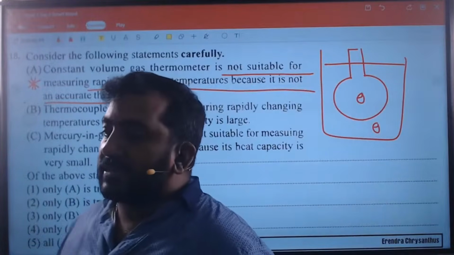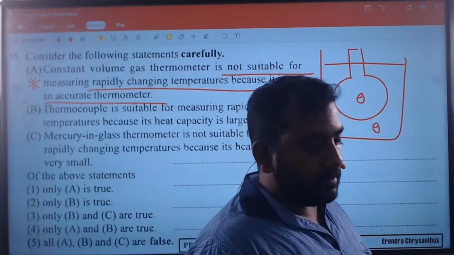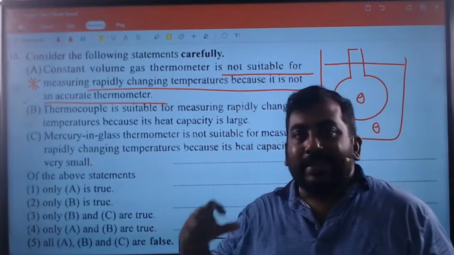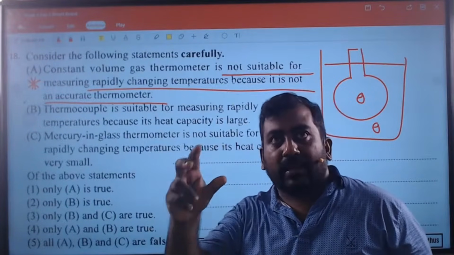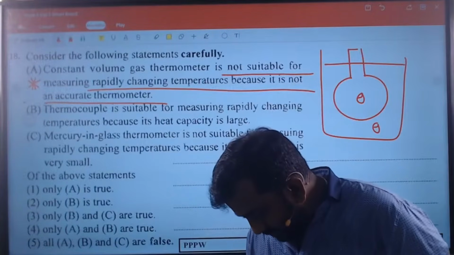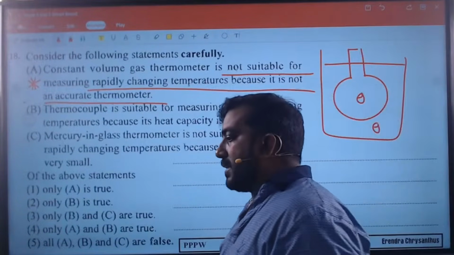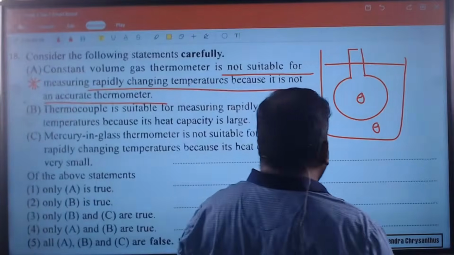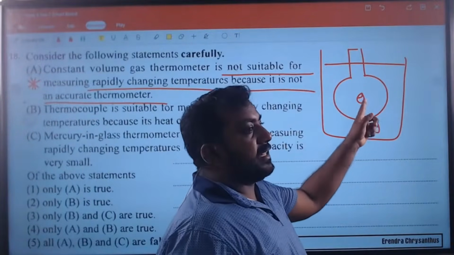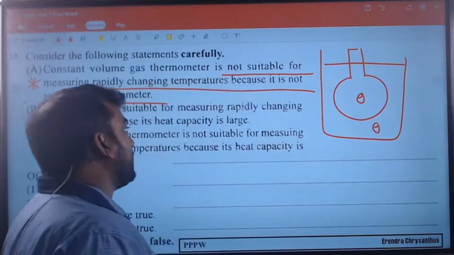Gas thermometers are the most accurate thermometers because they are used to calibrate other thermometers, but they cannot measure rapidly changing temperatures.